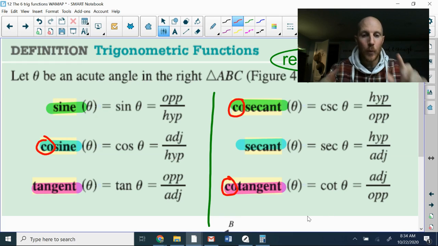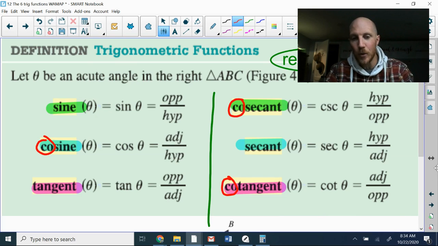If we have them written in your notebook in this format, then the reciprocals will be straight across, left column and right column, from one another. So when you refer back to your notebook, until you have them memorized, it will be easy to keep track of which one is which.